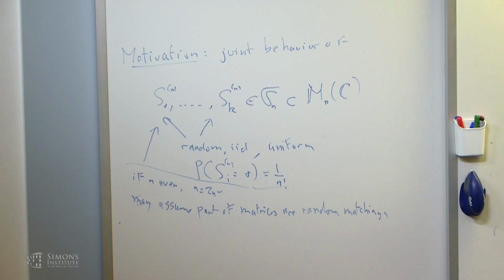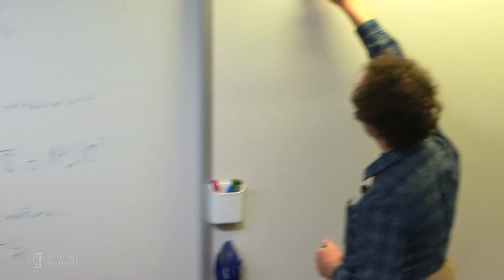So, what do I mean by the joint behavior? Typically, what it means is that if I take P, a polynomial in non-commuting entries in the free group on k elements.